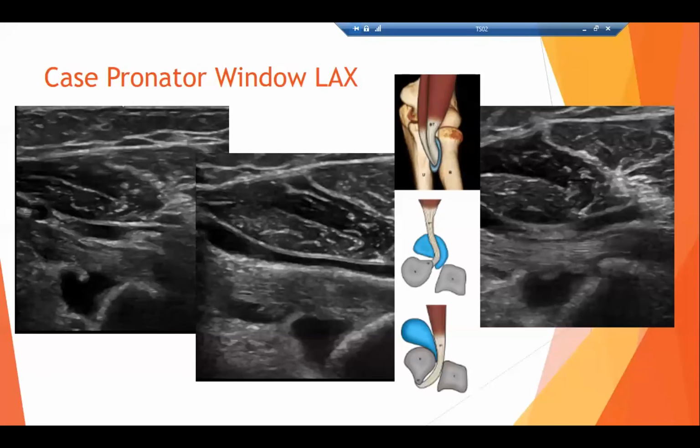Yeah, I actually think this is more of an impingement. I have found that the Cobra view, the view when pronated, from a diagnostic point of view of the distal tendon, is not as helpful as the long axis view, but it's the best view to look for impingement or bony hypertrophy of the radial tuberosity.